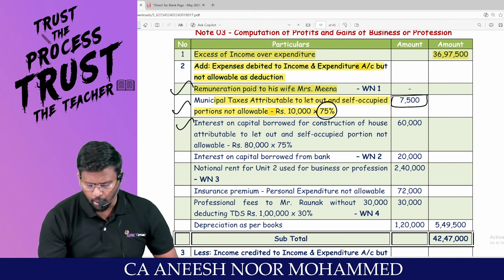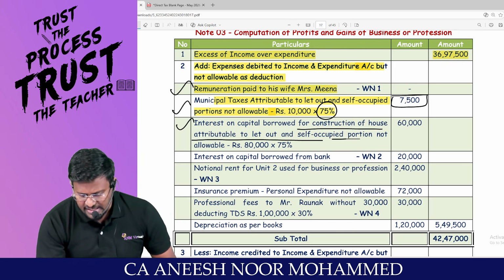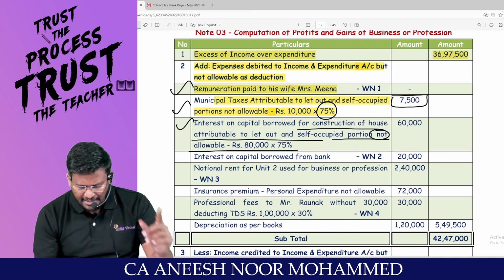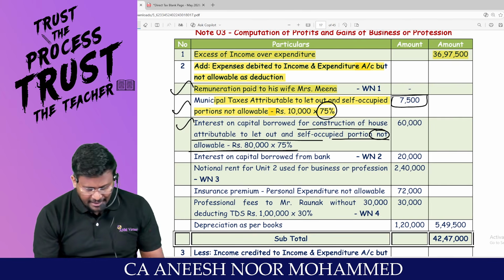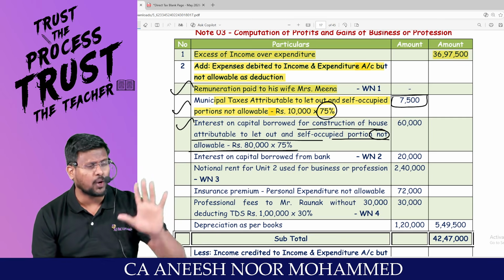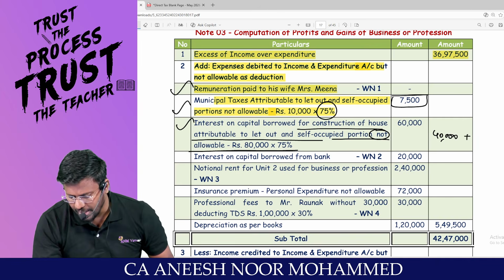Interest on capital borrowed for construction of house attributable to let out and self-occupied portion is not allowable. My dear lovable students, 80,000 was there, no? In that 80,000 debited to P&L account, 40,000 interest is for income from what property? Let out property. That 40,000 should be added back.